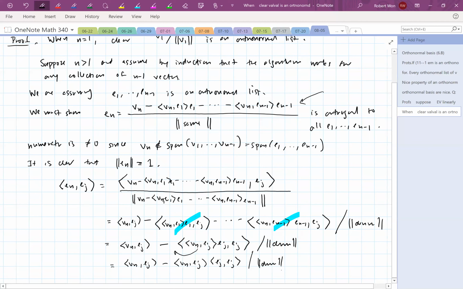But again, this number is 1. And so what you get is you just get 0. Which shows that the inner product of en with ej is 0. And so en is orthogonal to all the other vectors on your list.